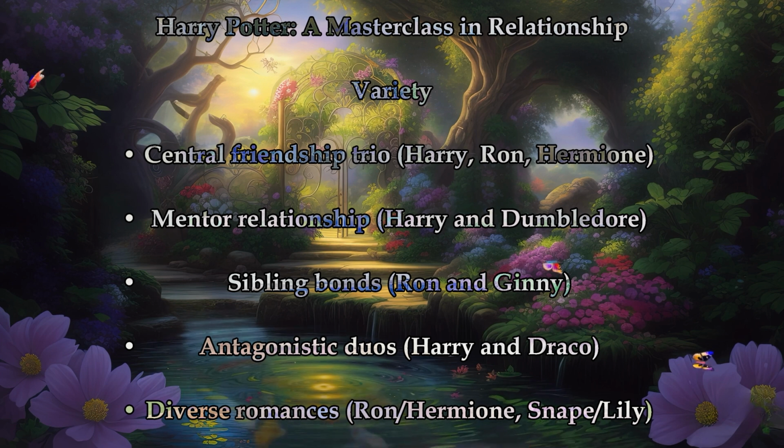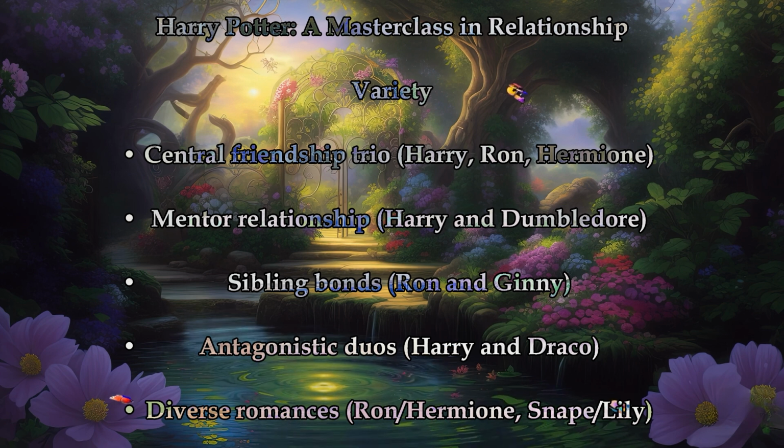But she doesn't stop there. She also explores mentor relationships, like the one between Harry and Dumbledore, where wisdom is passed down and tested from generation to generation. There are sibling bonds full of love and rivalry, like between Ron and Ginny. There are antagonistic duos, like Harry and Draco, who push each other's buttons and force each other to confront their flaws and blind spots.